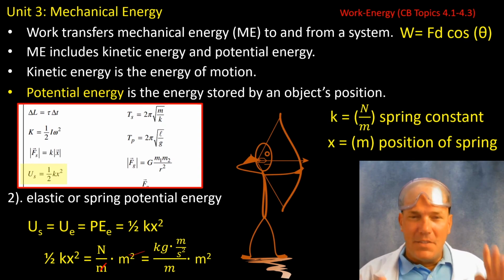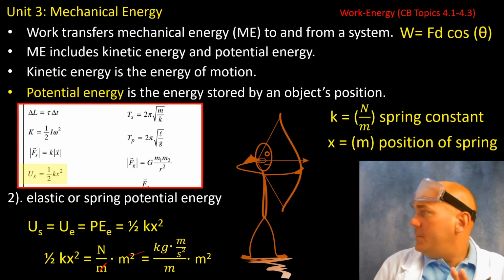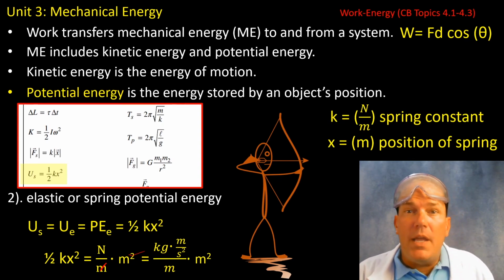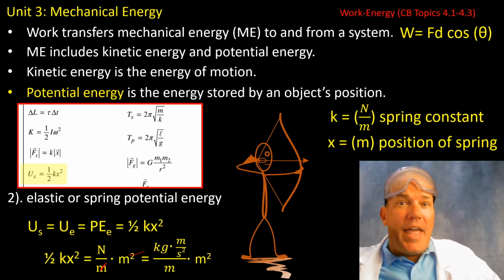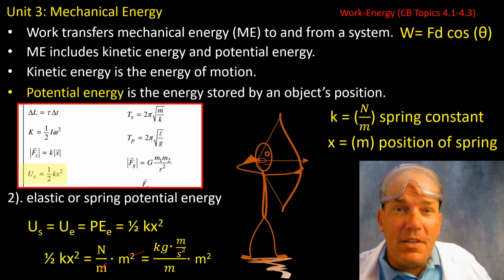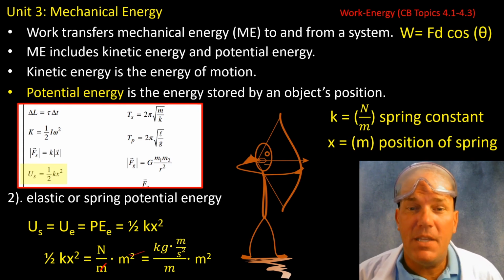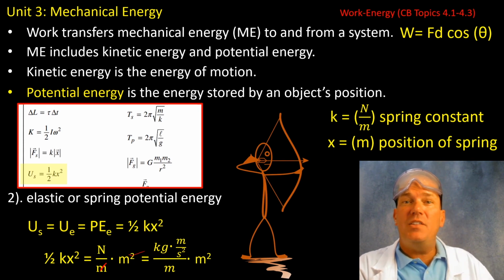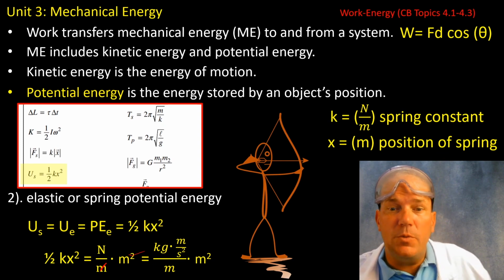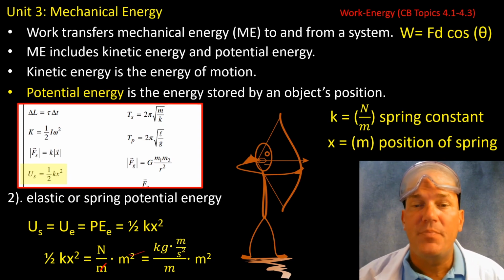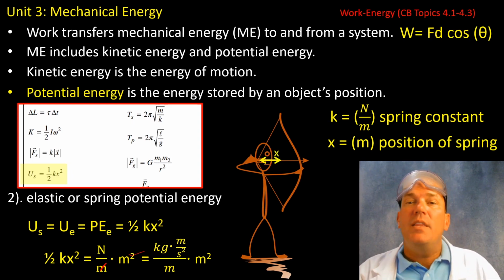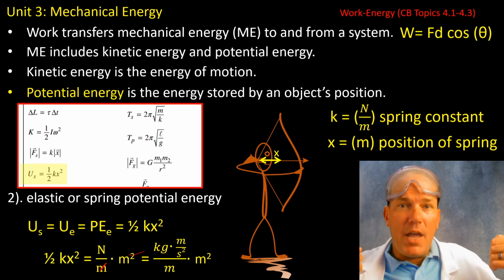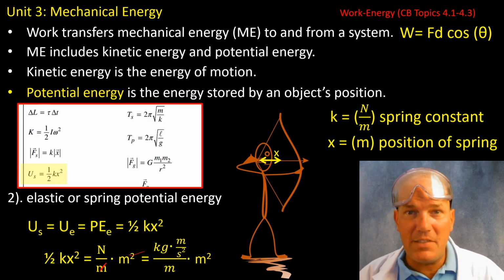All right, Stickman is back, except this time he has a bow and arrow. And in that bow, there can be stored potential energy in the form of elastic potential energy when it is stretched from its relaxed state. And that can be calculated by measuring the distance it is stretched from its relaxed state.